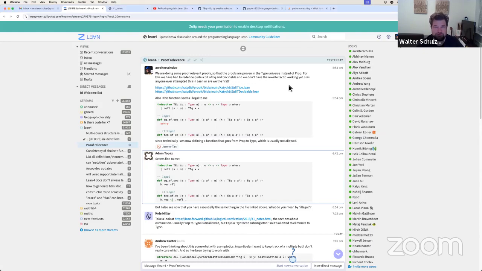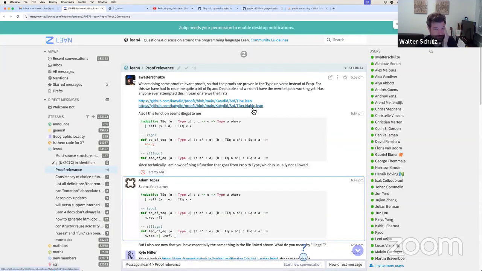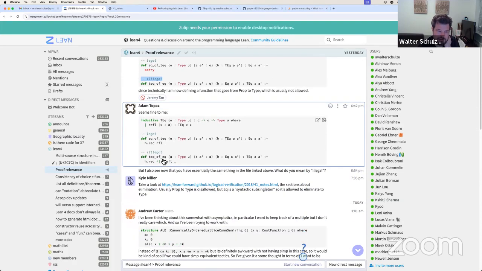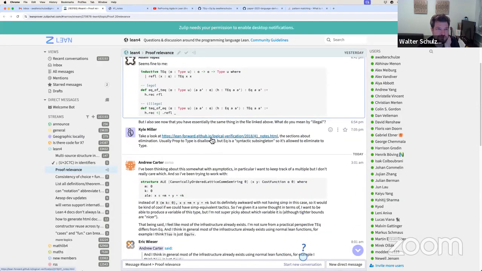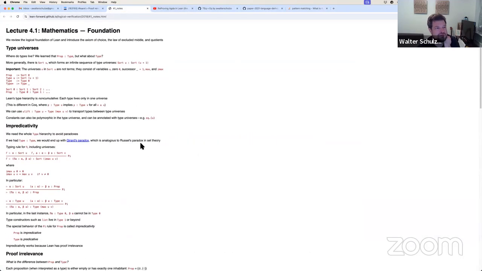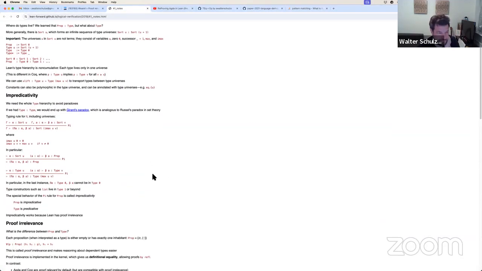So, I talked about our implementation of TEQ and how we can go back and forth between the two, and how I think this one is illegal. And we got pointed to these notes, which are very good.